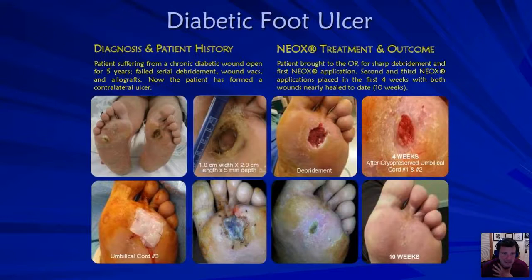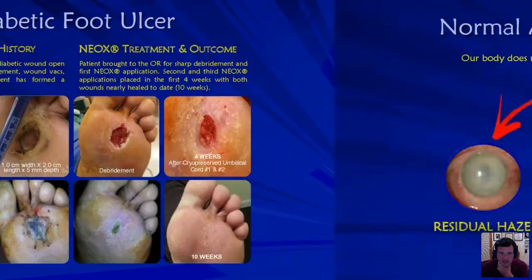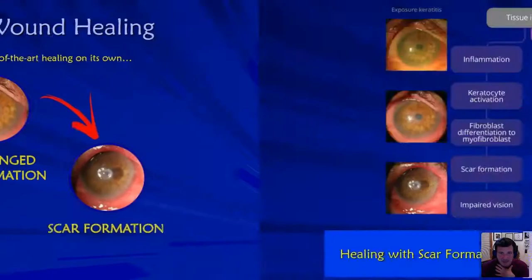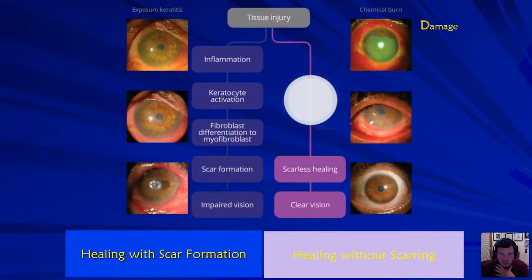And you can see here that it's been used in a different type of procedure, healing this diabetic foot ulcer and getting this normal, regenerative tissue back. Rather than just filling this at 10 weeks with a scar, you actually get the exact replacement of tissue there. So it's been used quite a bit. It's used in burn units, and obviously now we're using it for the eye. And tonight we want to learn more about how to use this.